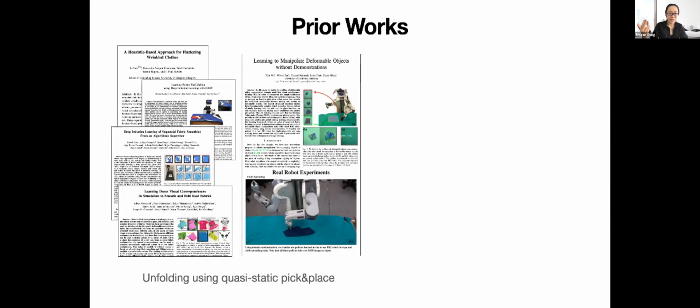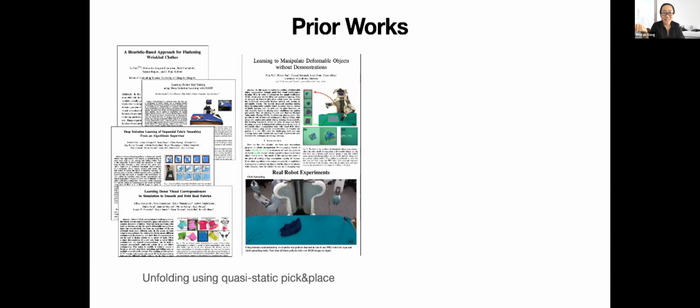to perform this task. Over the past decades, there have been many works on this cloth unfolding task, and many sophisticated algorithms and methods have been proposed to model deformable objects. However, the final systems are oftentimes highly inefficient, and they can easily take hundreds of steps just to unfold a very small piece of cloth.